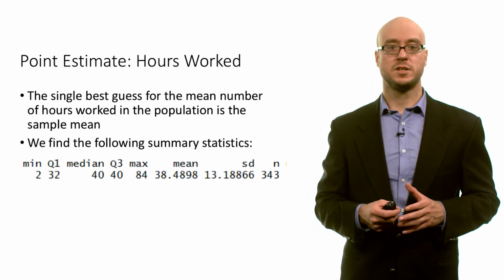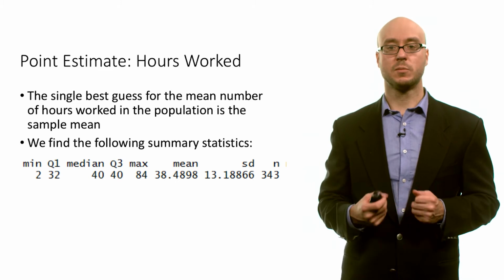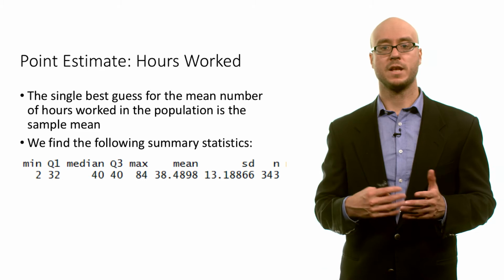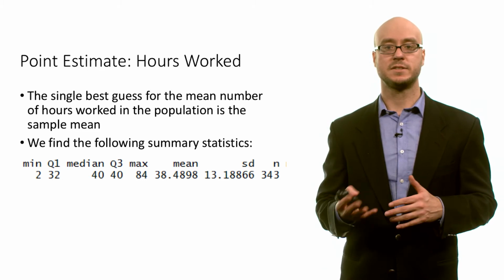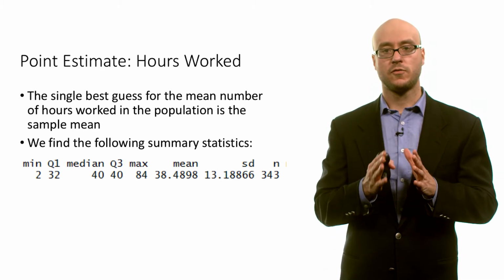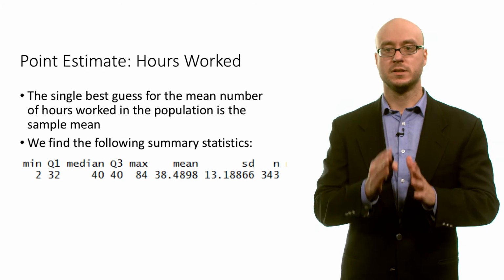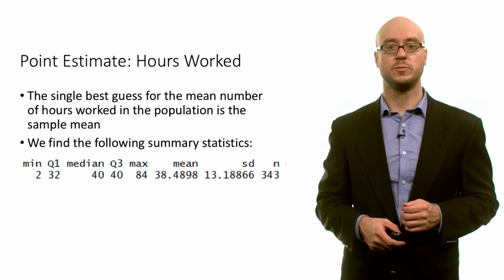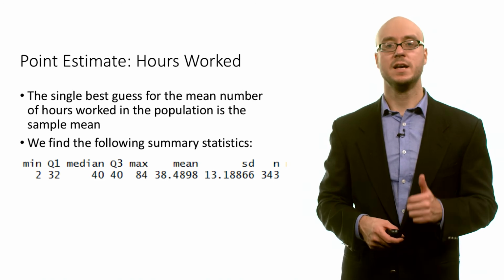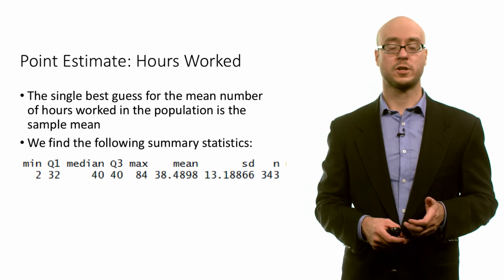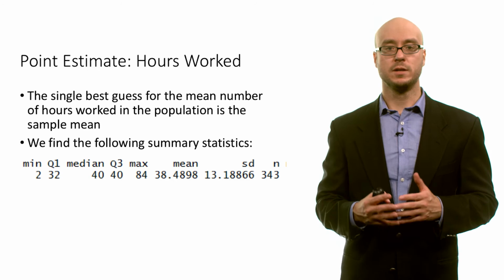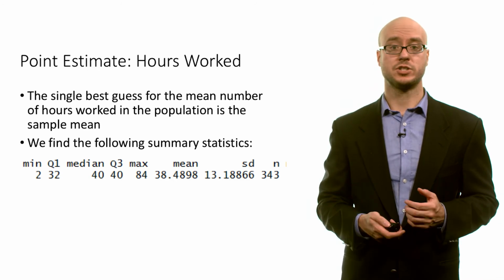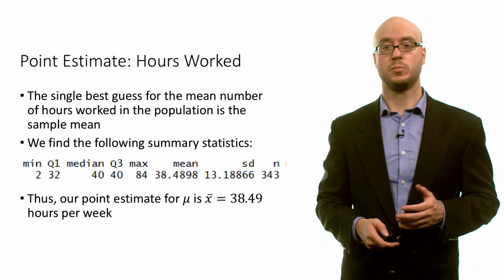We can use statistical software to calculate various summary statistics: a mean, a maximum, a median, standard deviation. But for a point estimate for the population mean, the single best guess is going to be that sample mean, x bar, which here we can see is 38.5 hours worked per week. So that's what we'd expect the population mean mu to be without additional information. That's our point estimate.